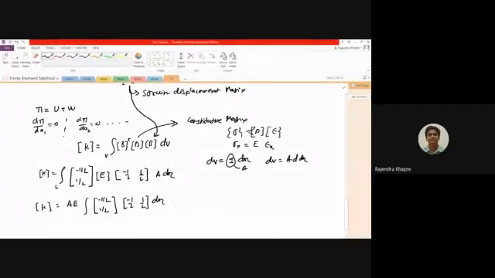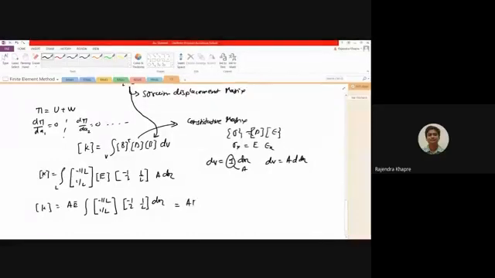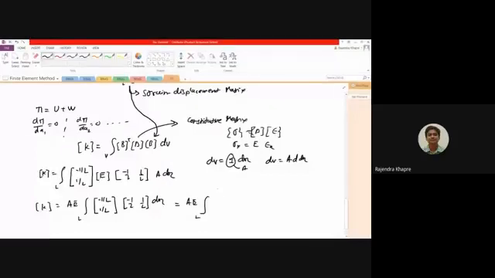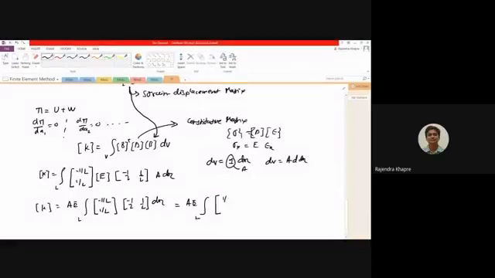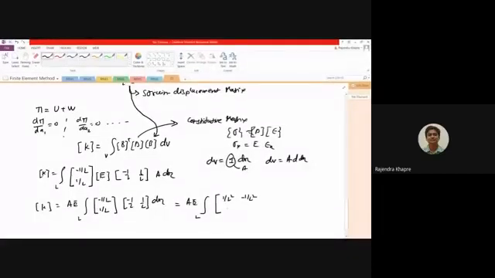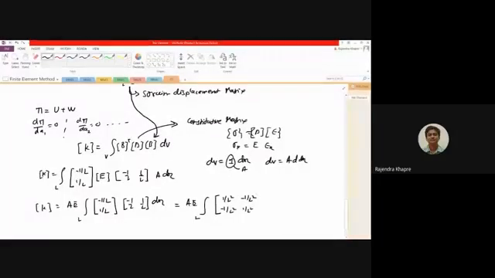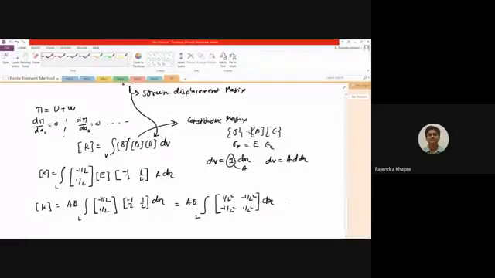If you multiply these two vectors, one the transpose and one the straight one, you get A E integration over the length, and here you get 1 by L square, minus 1 by L square, minus 1 by L square, and 1 by L square, into dx.